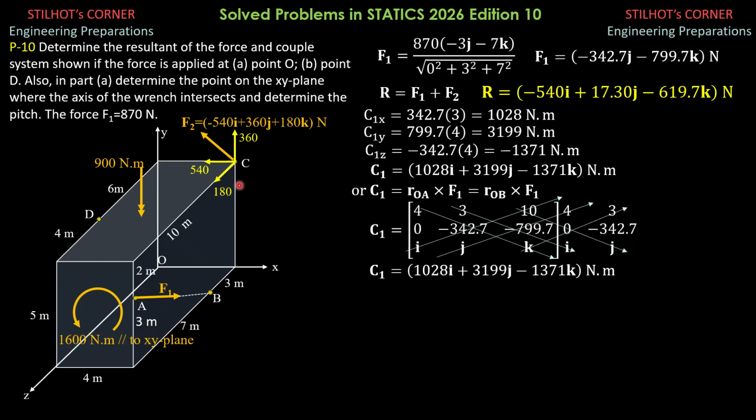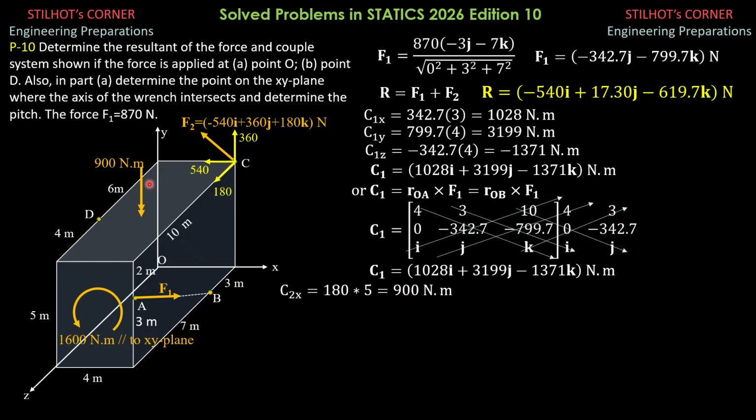So 180 times 5. 540 is parallel to X, so no moment. 360 passes through X if you extend. So it's only C sub 2X is 180, positive 180 times 5 by scalar approach, and that's 900 Newton meter.